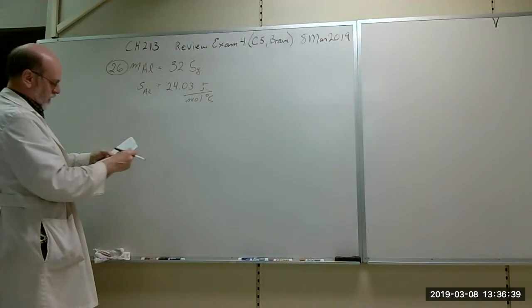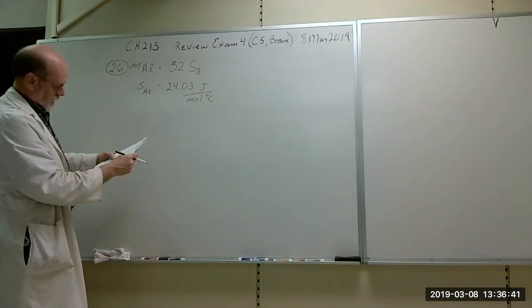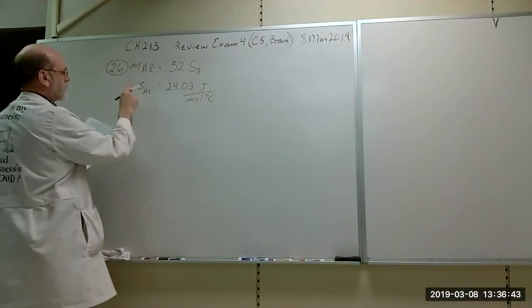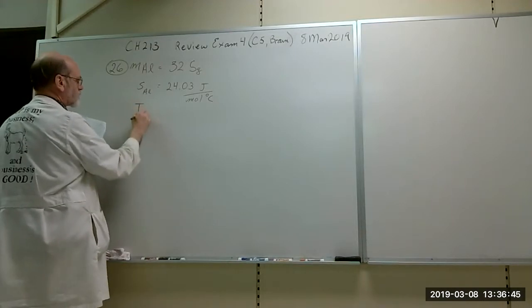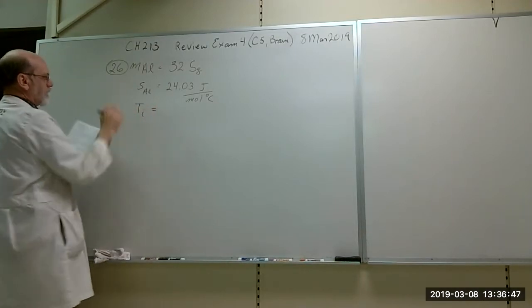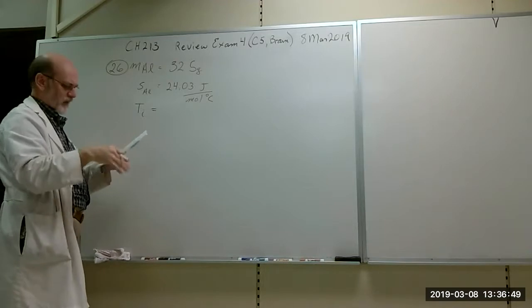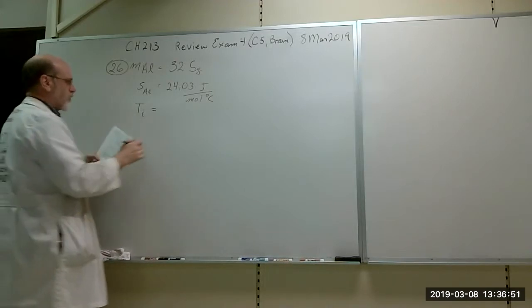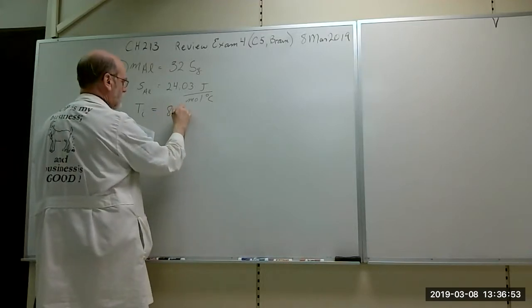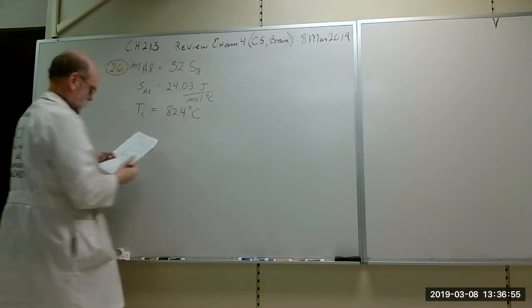Let's get everything else up here that we know. The initial temperature of the aluminum before we drop it in the calorimeter is 82.4 degrees. Okay?